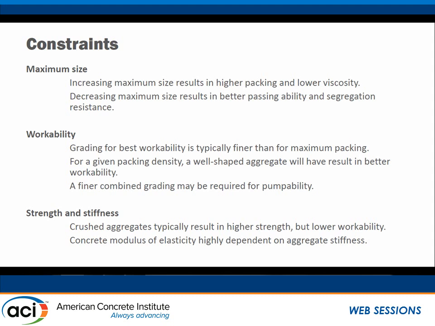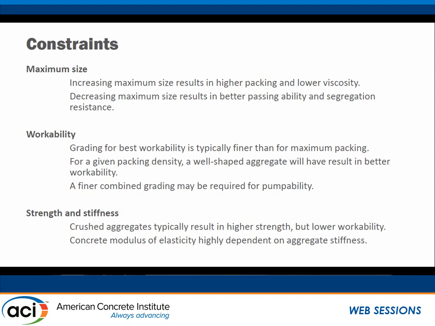And then also with packing, if you have, let's say, a rounded natural aggregate with the same packing density as an aggregate that's crushed and has angular shape, the one that's ball-shaped is going to have better workability, even if they have equal packing density. And so there's a shape factor above and beyond the packing density that has to be considered.